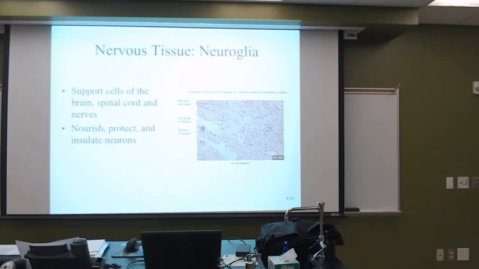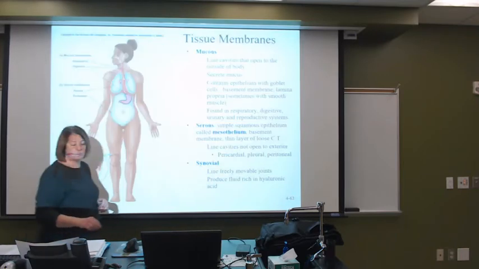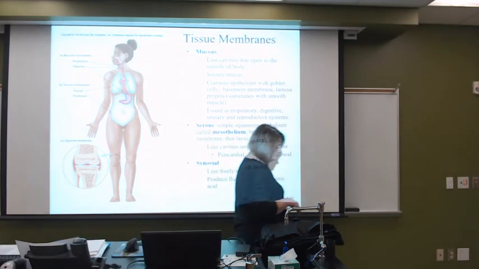And a glial cell is a way that we get protection. So they are support cells. They are going to help get nutrients in, waste out. So glial cells are support cells. They'll help nourish, protect, and insulate.